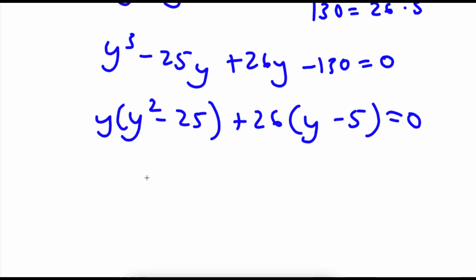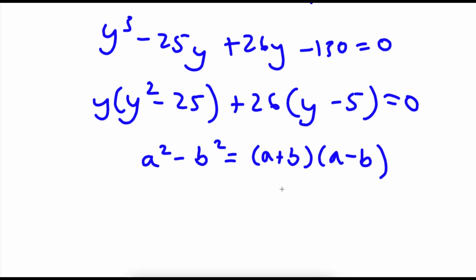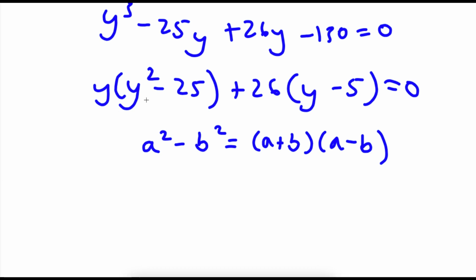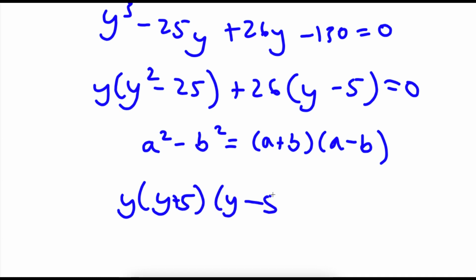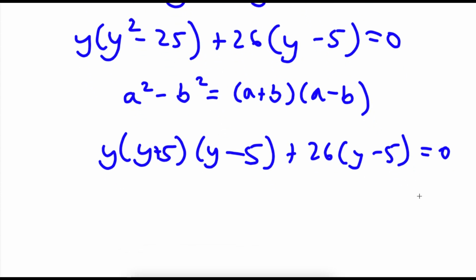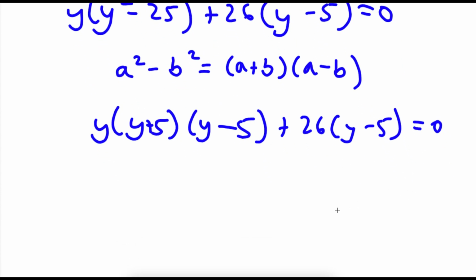Now, if I have something in the form a squared minus b squared, this is the same thing as a plus b times a minus b. So now y squared minus 25 is going to be y plus 5 times y minus 5. Now I have plus 26 times y minus 5 is equal to 0. Now I can go ahead and factor out y minus 5 from this.